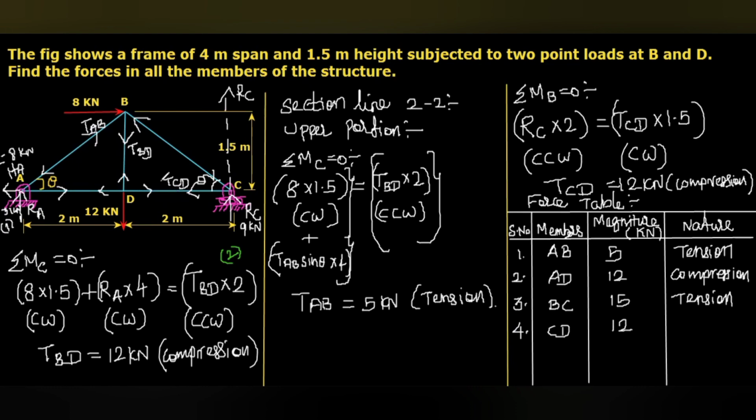Here CD is also compressive in nature. So compression. Then the fifth one, that is BD. Numerically, we found the value 12 kilonewton and that will be compressive in nature. That is compression. So I hope you all understand this numerical.